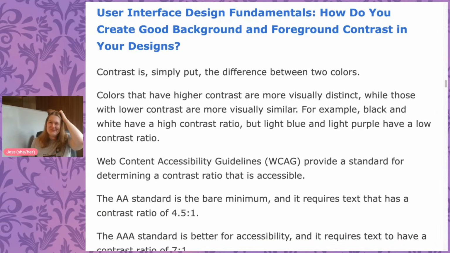Colors that have higher contrast are more visually distinct, while colors that have lower contrast are more visually similar. For example, black and white, stunning contrast ratio, but light purple and light blue, terrible contrast ratio, which makes it hard to see.